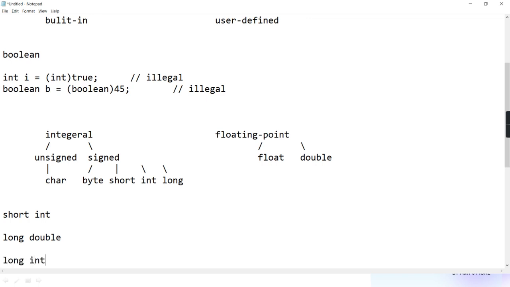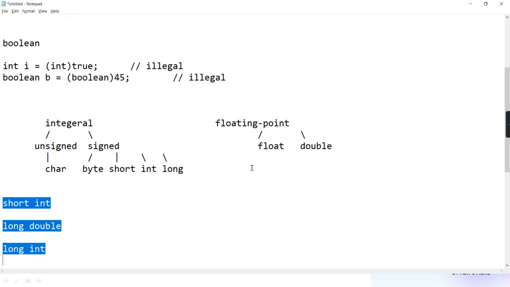Such combinations I can do in C, yes. But in Java, it is not at all allowed. Alone you have to use: alone char, alone byte, alone short. You cannot use short along with int, or int along with long. All these 8 are to be used alone.